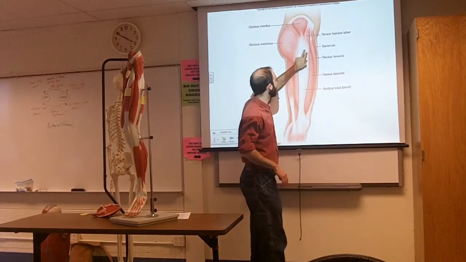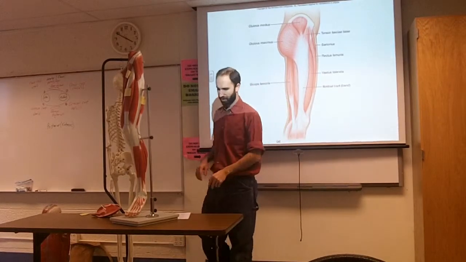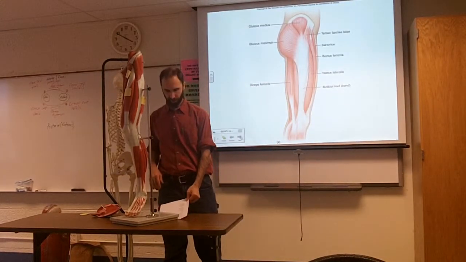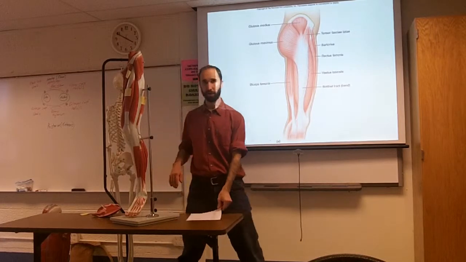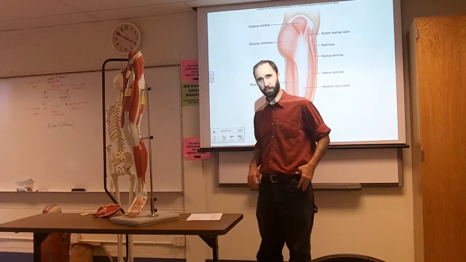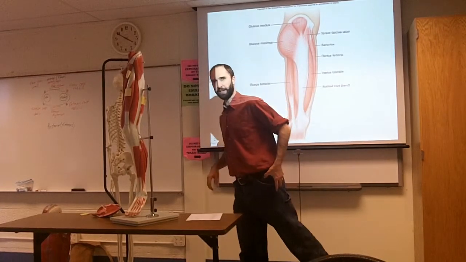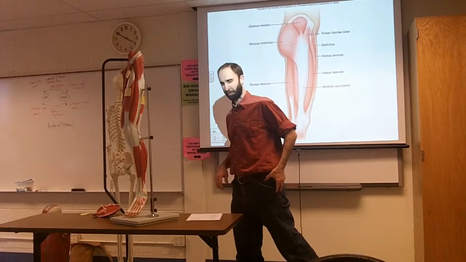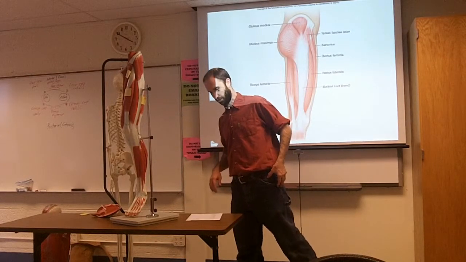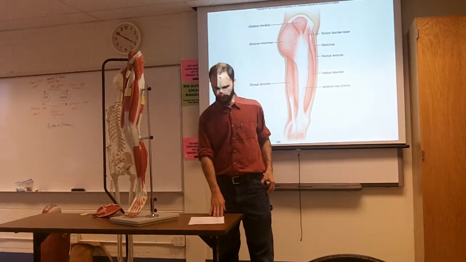And again, it attaches to that IT band. So very similar to glute medius and minimus. And this will do a little bit of flexion of the hip though. Because it's more anterior, it'll actually help with flexion of that hip. Often this gets really tight and you can't get a good extension of the hip. So you have to stretch that guy out. It's tensor fascia lata, or TFL for short.